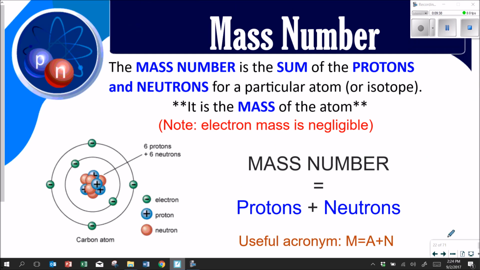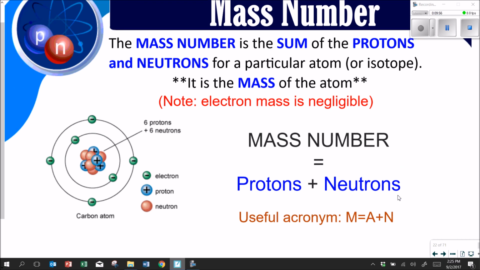The mass number is the sum of the protons and neutrons for a particular atom or isotope. We will define isotope in the next slide. It is the mass of the atom. Remember that electron mass is so small that it is considered negligible, so the mass number only takes into consideration the number of protons plus the number of neutrons. So again, if we have the carbon atom over here, and we know its atomic number is 6, it has 6 protons.